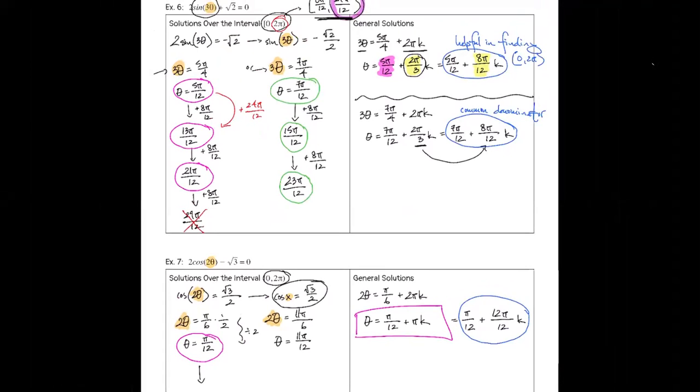Because I think that's really the understanding here. Why is it sometimes one number and other times another number? Depends on how many thetas you have. All right, yeah, that's exactly it.